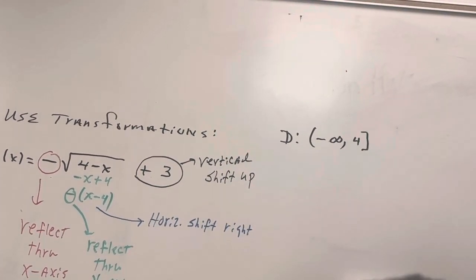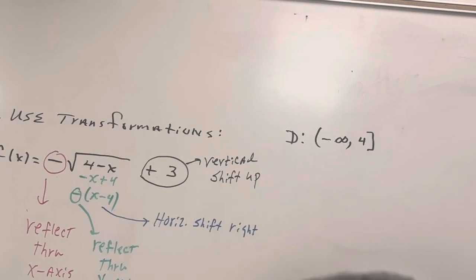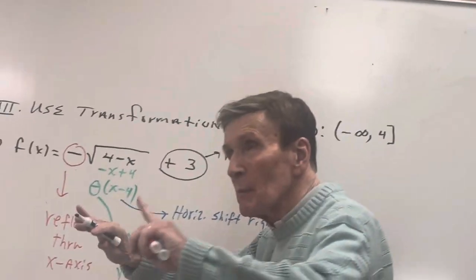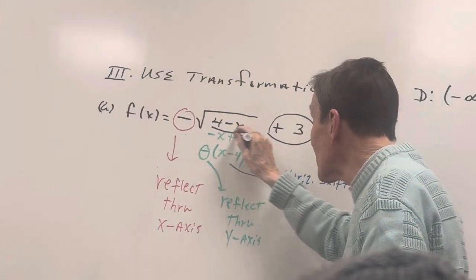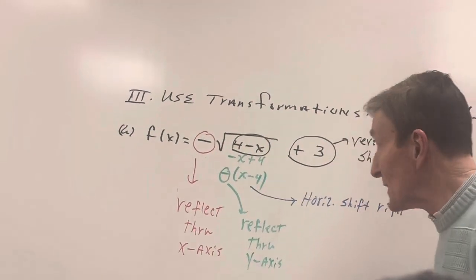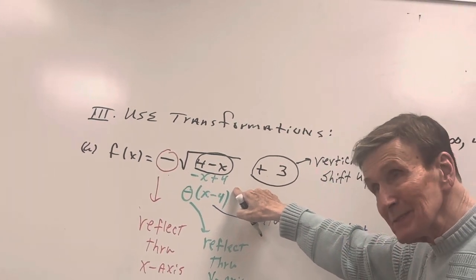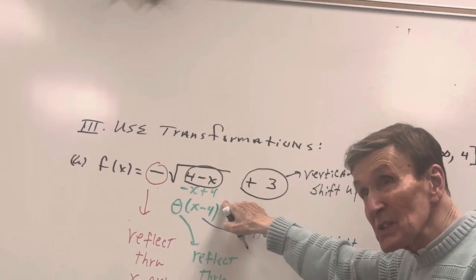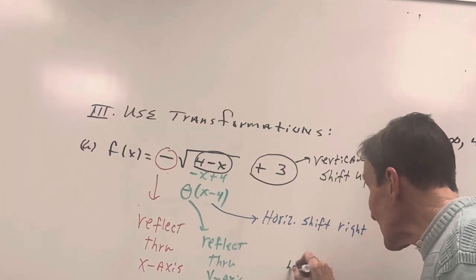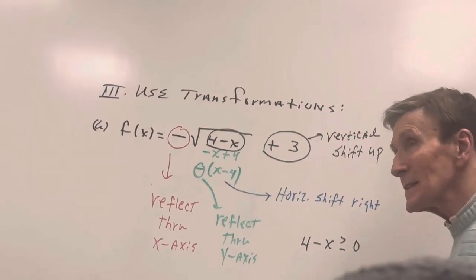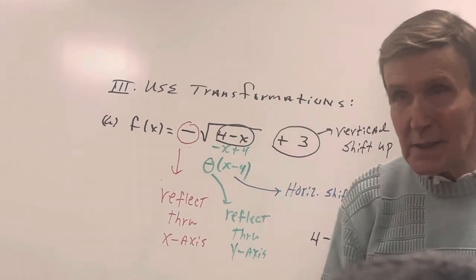Now, here's what I would do, and I'm sure in his mind he's probably doing the same thing. You say, wait, Professor, you've shown us before that if you have a square root, no matter where it's located, this part underneath, they call that the radicand, must be what for a square root to make sense? That part underneath there must be that, or you cannot do a square root on it.